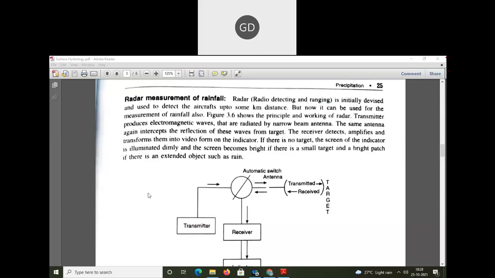Have you finished writing? Radar measurement of rainfall. Please mention in the chat box, or you can speak also. Yes, ma'am. Finished? Okay.